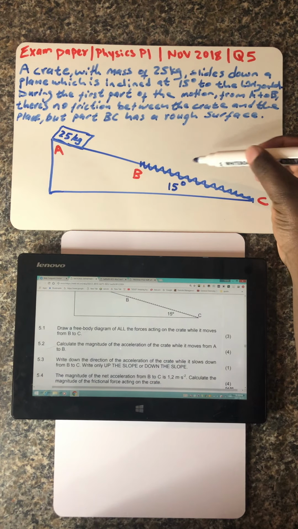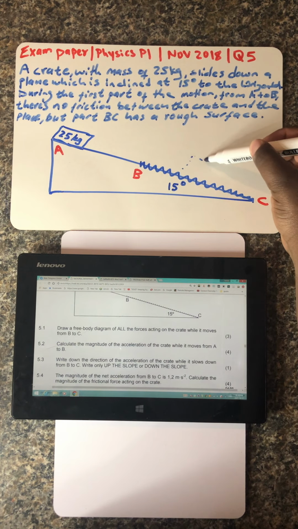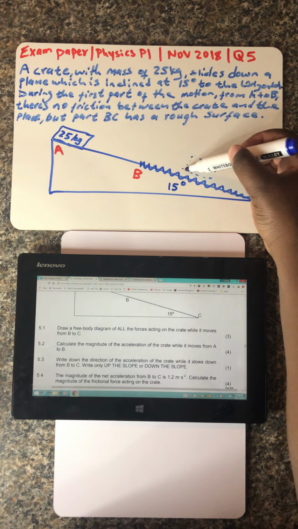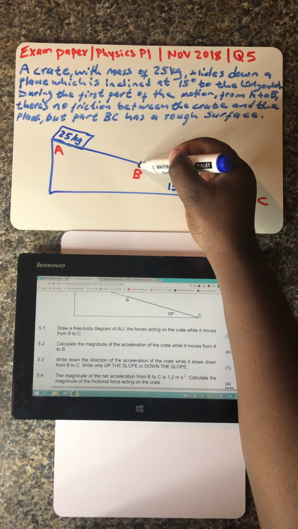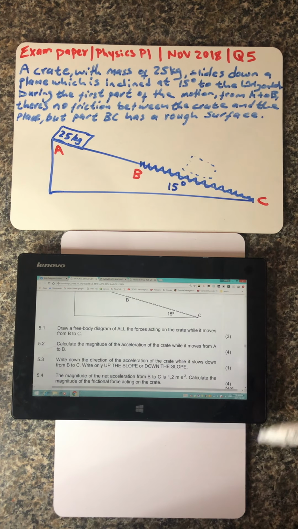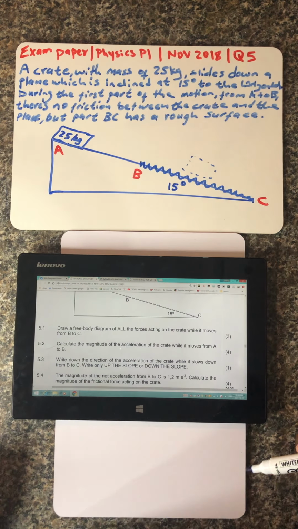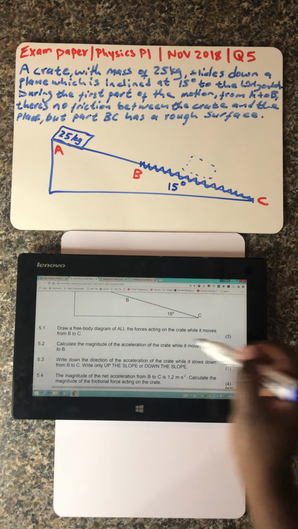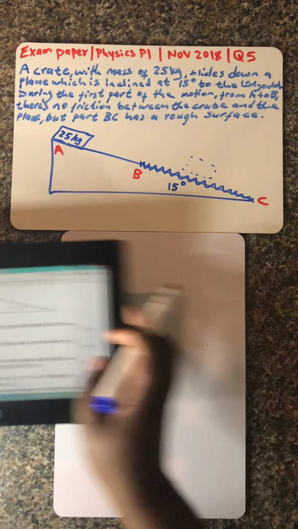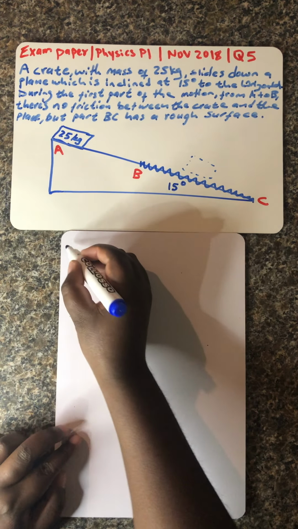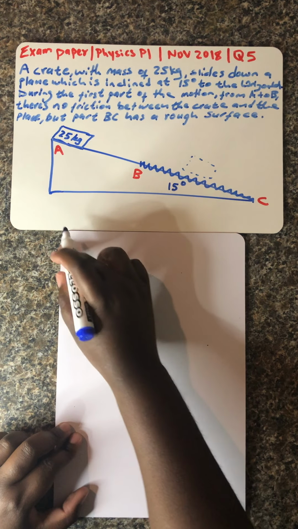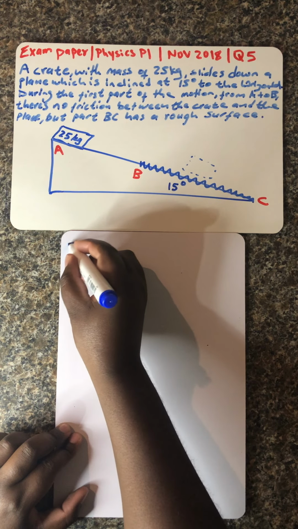That means they want the free body diagram of that crate when it's between B and C. You are most likely to just give a free body diagram while it's at that point if you don't read the whole question. So I assume at this stage you fully understand what the question wants us to do.